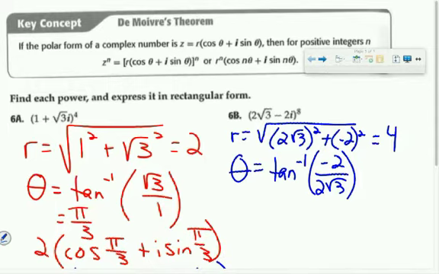Let's simplify that, because the 2's can reduce. So that'll be negative 1 over radical 3. I look at my handy-dandy reference sheet for an angle whose y and x coordinates would divide such that I get negative 1 over radical 3. And that's 5 pi over 6, but I said I'm going to write it down as an angle in degrees.